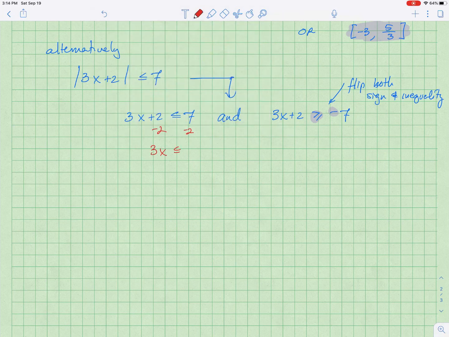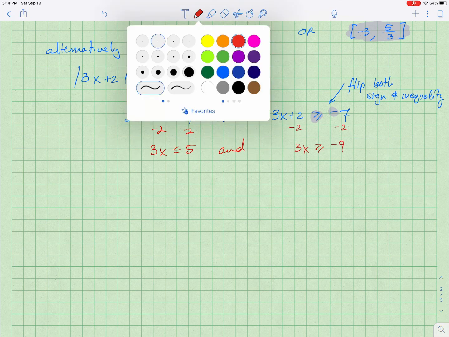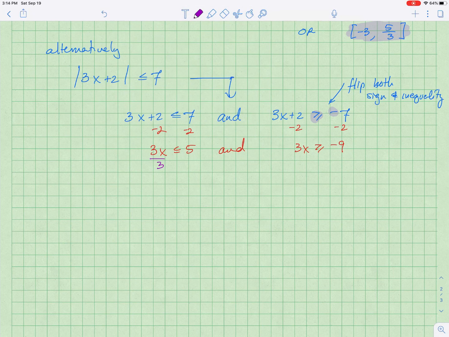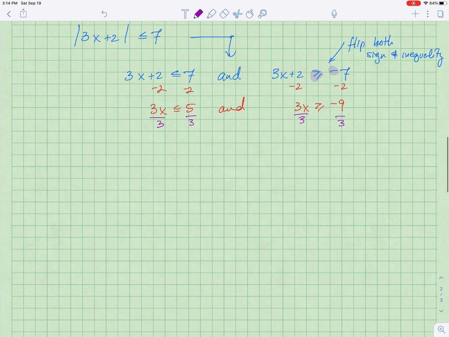We'll get 3x is less than or equal to 5, and 3x is greater than or equal to negative 9. We'll divide both sides by 3. Remember, I'm just doing the same problem again, so if you're thinking like, oh wow, he's getting the same answer, that's kind of the idea here. So x is less than or equal to 5/3, and x is greater than or equal to negative 3.